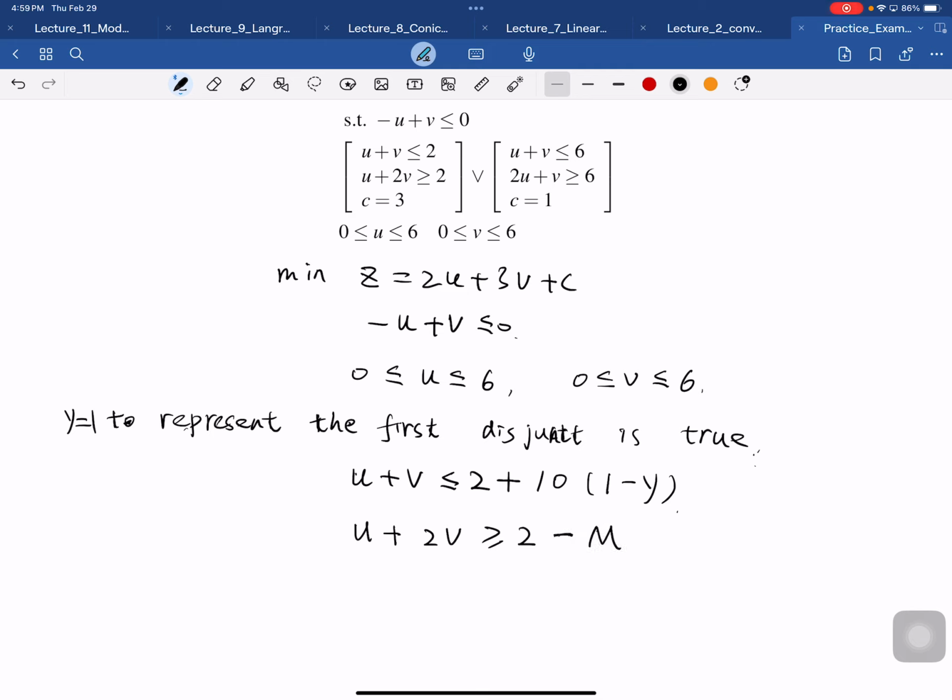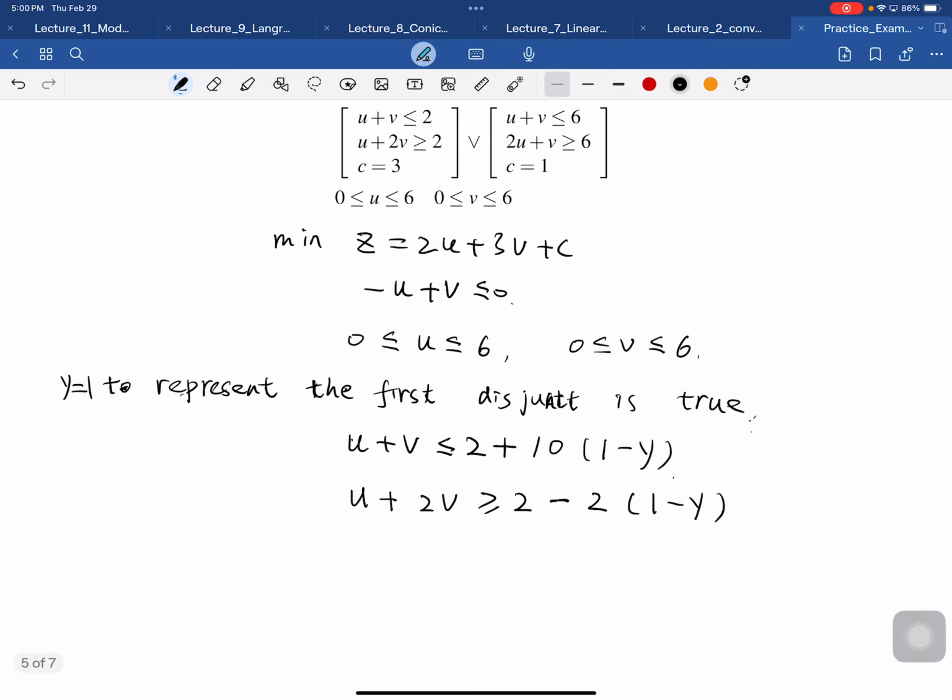Then when y is 0, you have a constraint that lets it hold trivially. So what would be a good parameter for M here? 2, right? Since u and v are both greater than or equal to 0, u plus 2v must be greater than 0, and you already have a 2 here, so you can write M as 2.